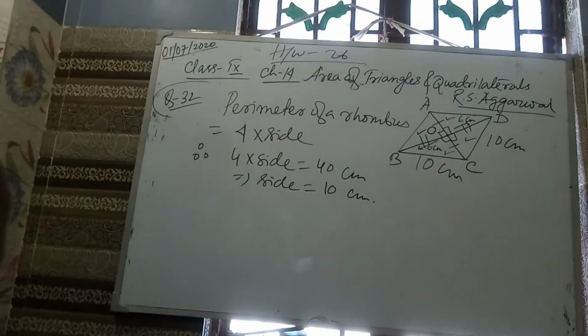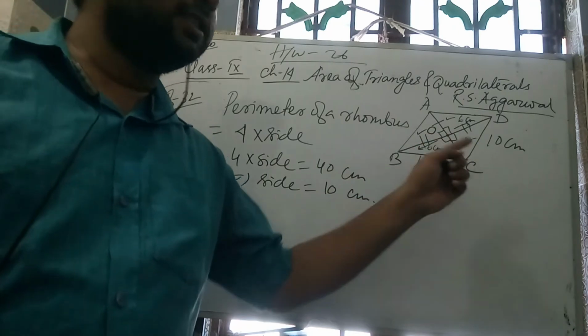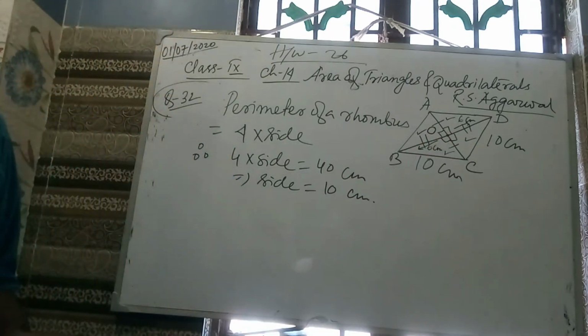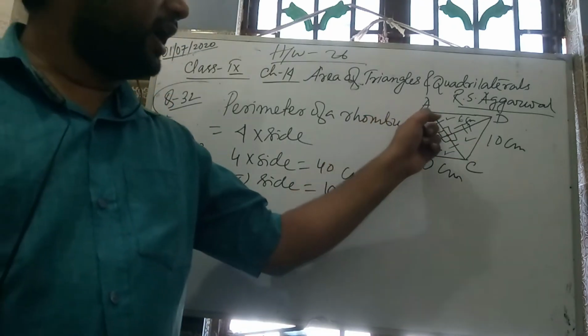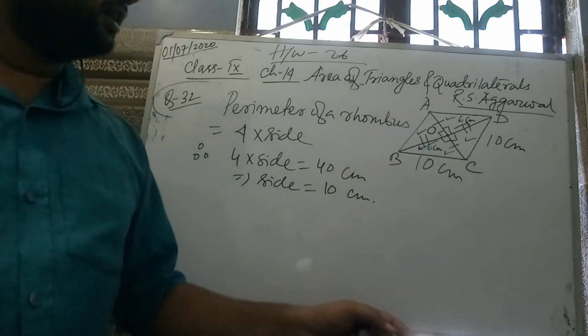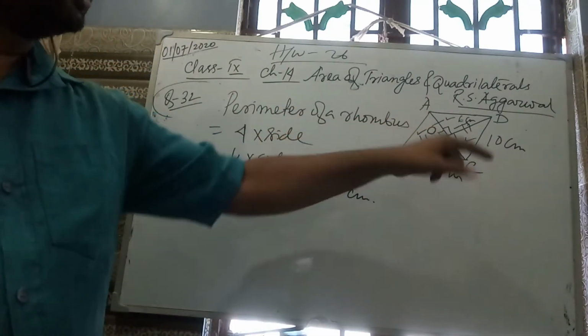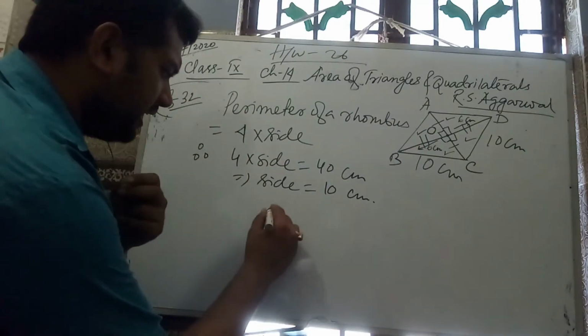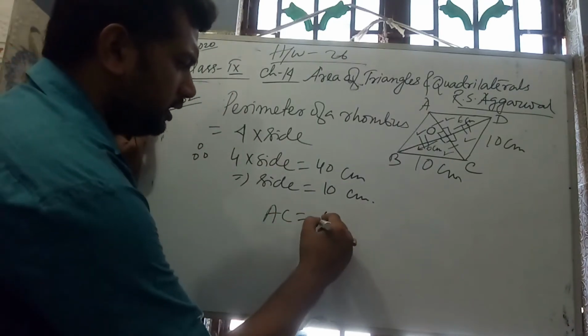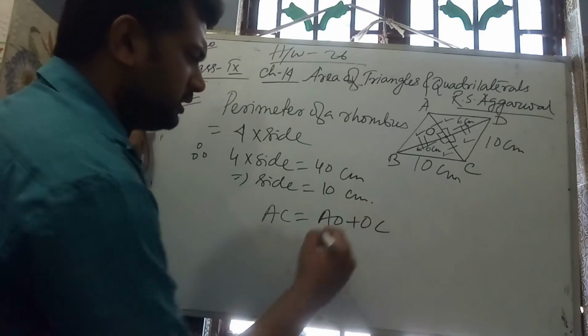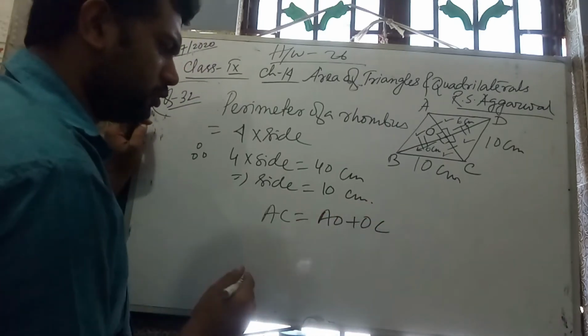We have to find out the value of AC. Listen to me carefully. In AC, OA equals OC. So AC equals AO plus OC, and AO and OC are equal.